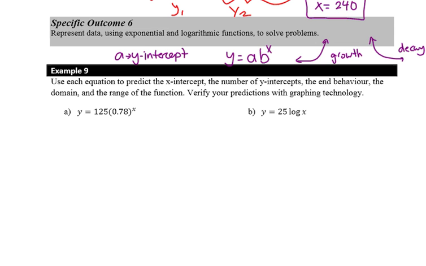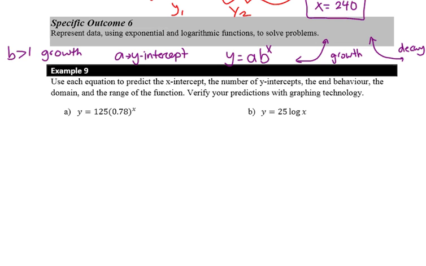Okay, and b was your base. It tells you whether it's growth or decay. How do we know if it's a growth function? If b is greater than 1, it's a growth. We won't have b equal to 1, because 1 to the power of anything is 1, so it wouldn't actually be an exponential function, it's just a straight line.